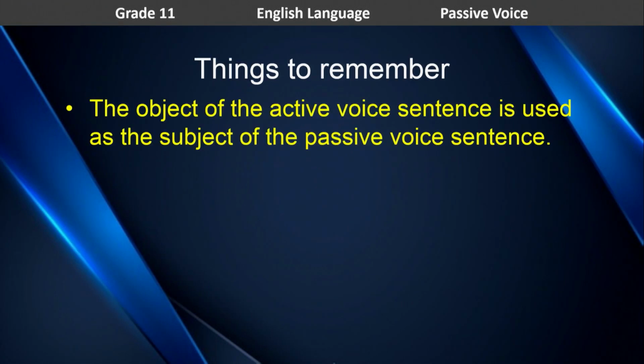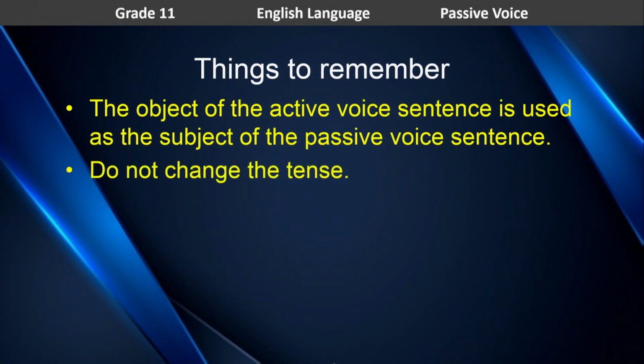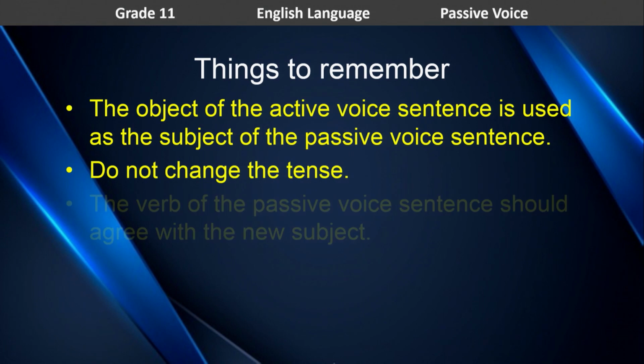Then we have to pay attention to these things that we should remember. The object of the active voice sentence is used as the subject of the passive voice sentence. That is what I have emphasized in the previous slide. And at the same time, remember, never change the tense.